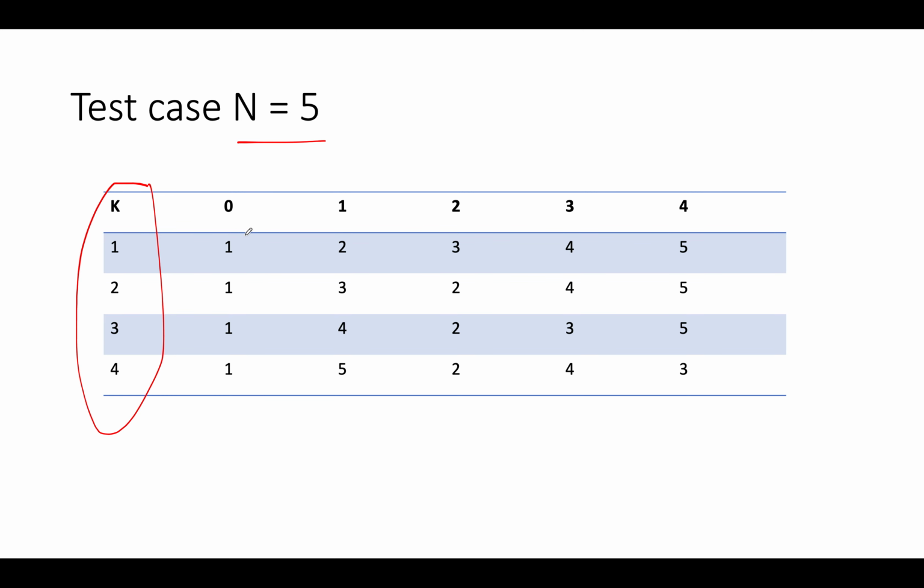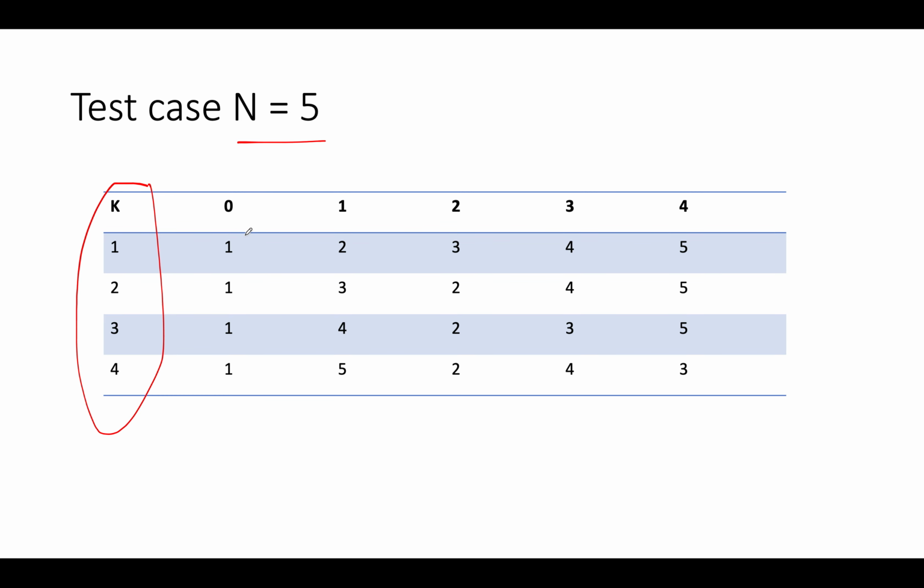Then we have 1, 5, 2, 4, 3, and the differences are 4, 3, 2 and 1. So the set of differences is 1, 2, 3 and 4, which makes the total size 4. So the answer matches k, and we have this as an answer set.